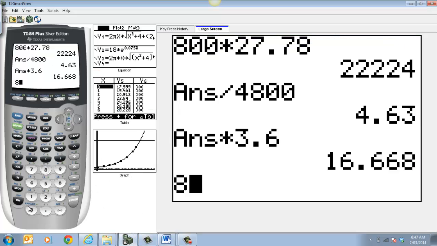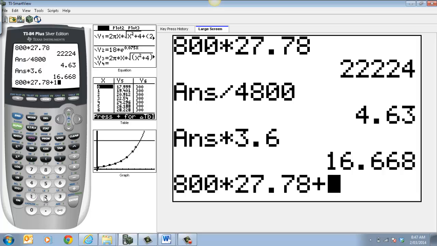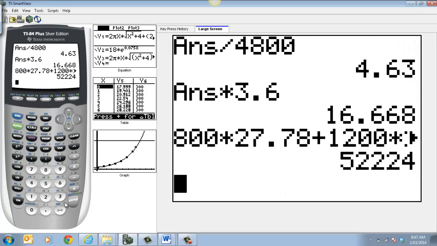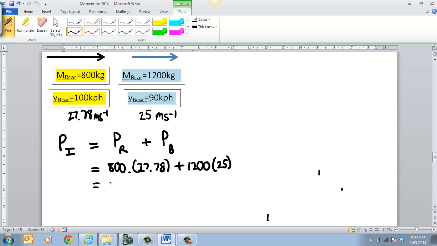So it's 800 times 27.78 plus 1200 times 25, and that will give me my initial momentum, which is 52,224 kg·m/s.